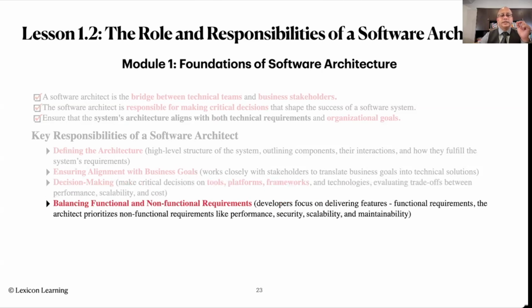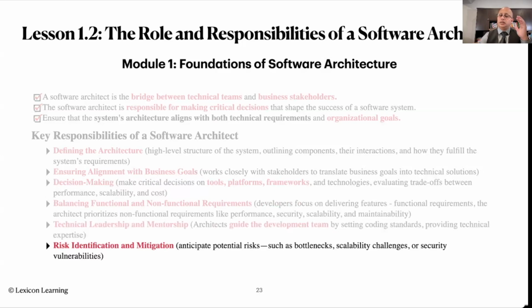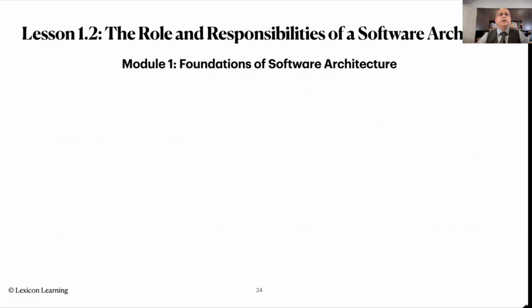And it's the architect's role to balance functional and non-functional requirements. Non-functional requirements are performance, security, scalability, maintainability, reliability, and all other quality attributes. And the functional is what the system will do. And also provide technical leadership, mentoring the development team. Identify and mitigate risk before it becomes a costly matter.